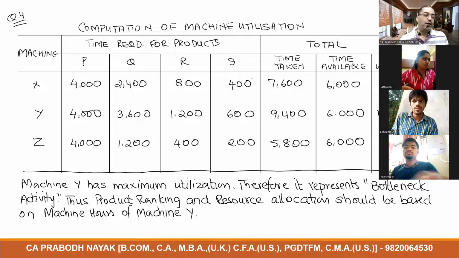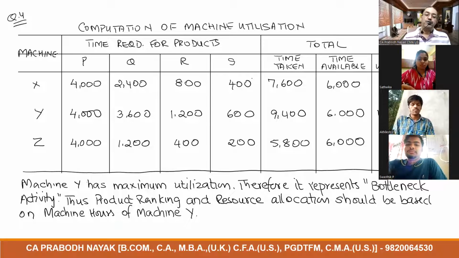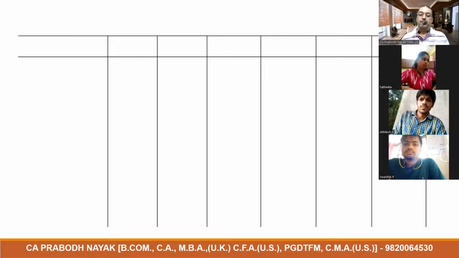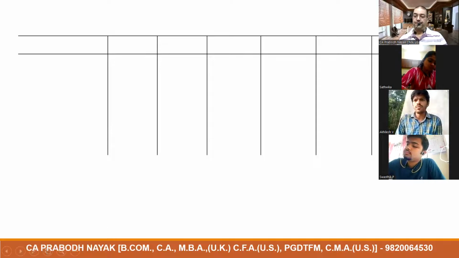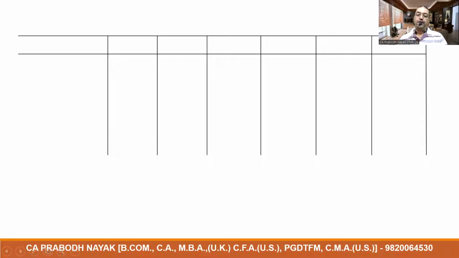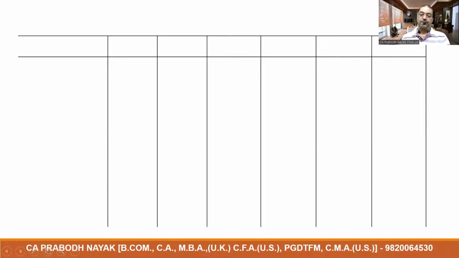Okay. So for that, I will prepare a statement showing allocation of machine hours. Prepare like this. Particulars and 6 columns. Statement showing allocation of machine hours.